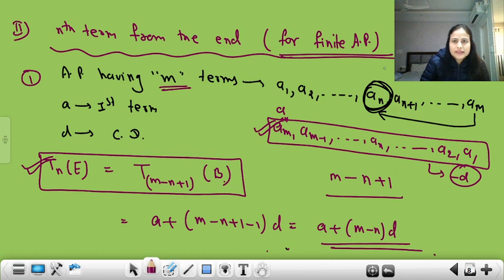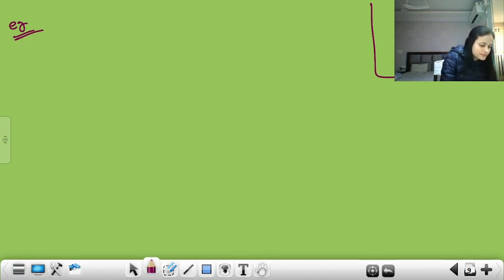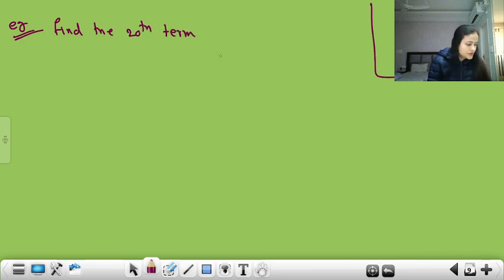So do one thing. Let's take one example based on this. I have to write down the example. Okay. Find the 20th term from the end in the AP. Okay. Question is, find the 20th term from the end in the AP.